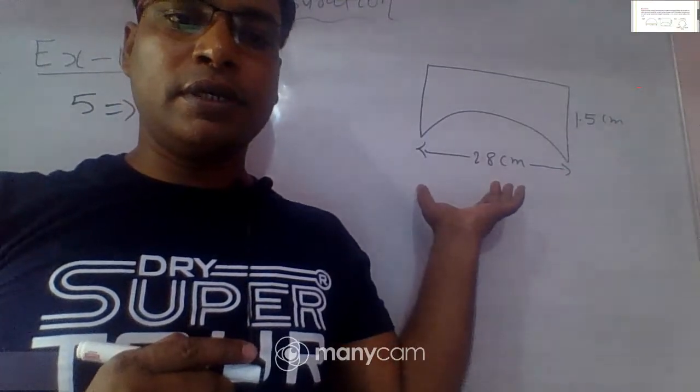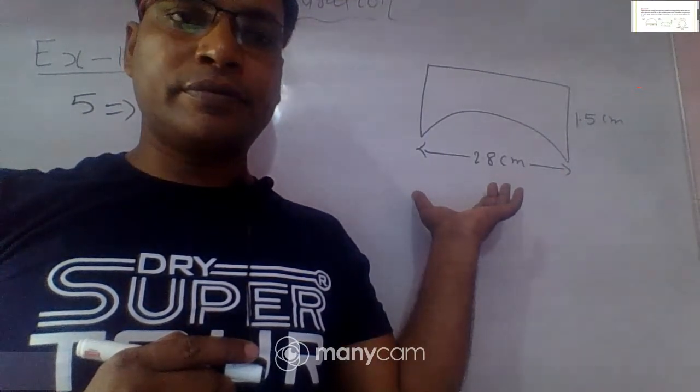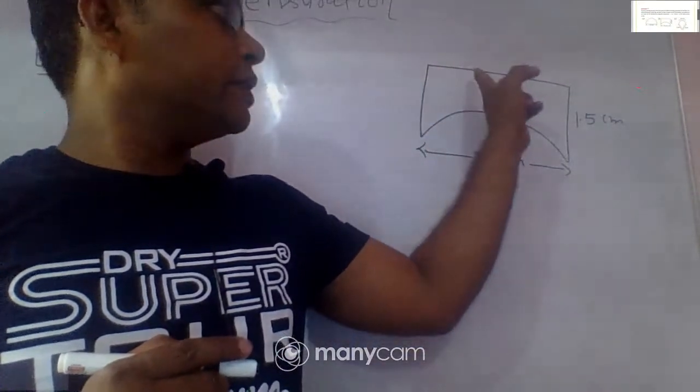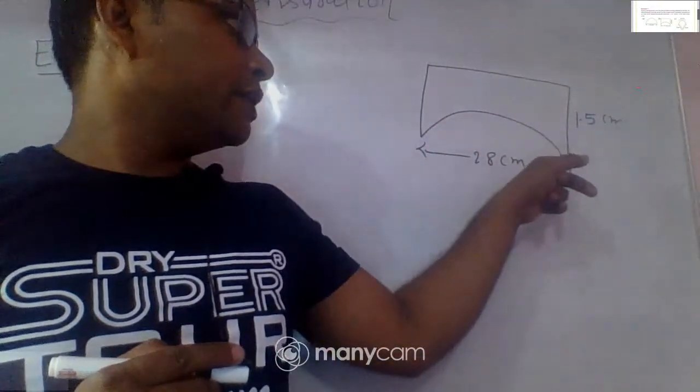Clear? So we find the perimeter of this figure. What is the perimeter of this figure?